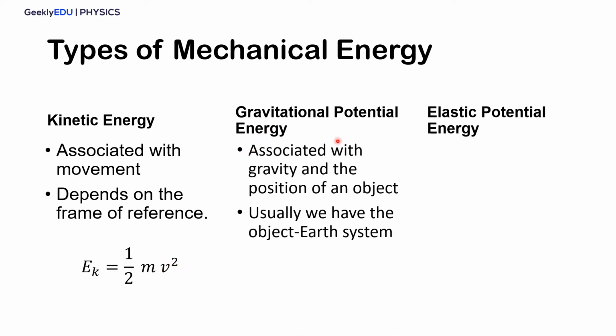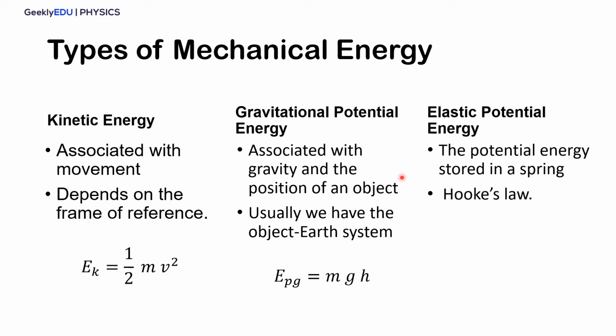The gravitational potential energy is associated with gravity and the position of an object, and we usually use Earth as our reference. We can express the gravitational potential energy as the mass times the gravity acceleration times the height of the object.